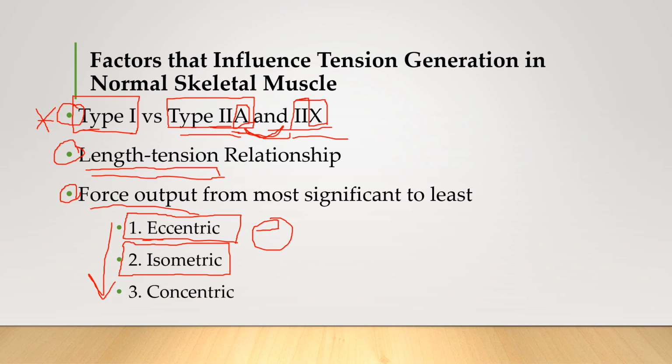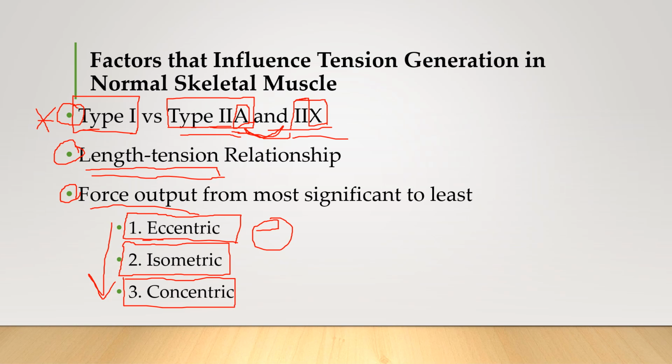Okay? And then the last one here generates the least amount of force, which a lot of people find kind of surprising sometimes, is this concentric motion. So initially, concentric motions do produce a lot of force, kind of at the beginning of the range. So let's say for like a biceps curl, right? You're starting with your elbow in full extension.